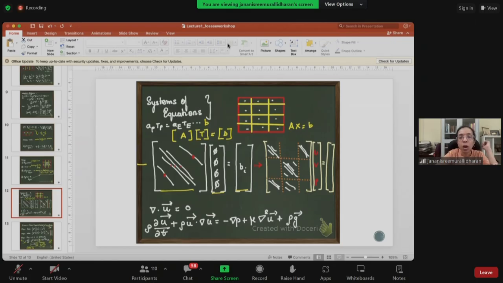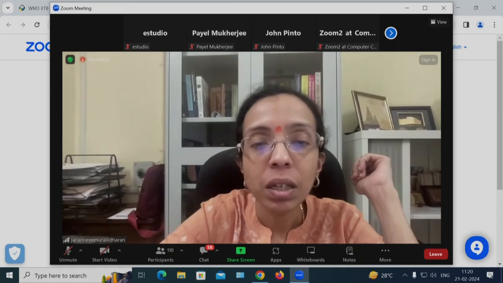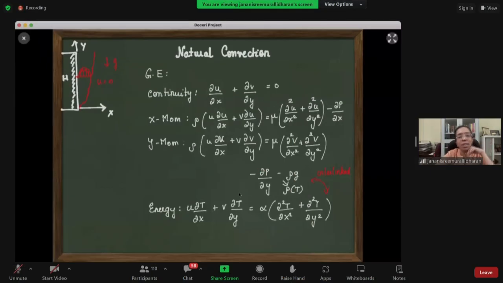Now let me go back to natural convection. In natural convection, the challenge is that there is no initial flow. All your boundary conditions do not have flow, and a pressure difference is not there because you don't know the pressure difference, correct?